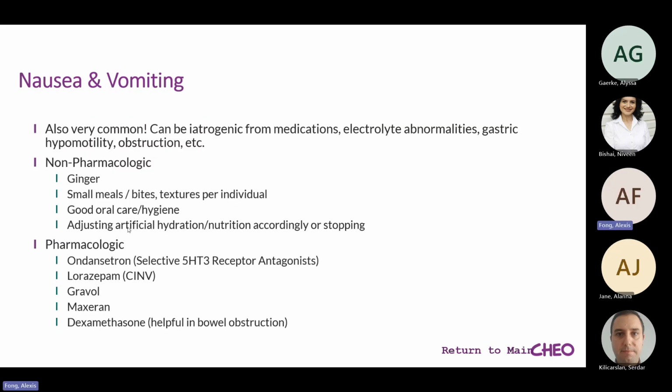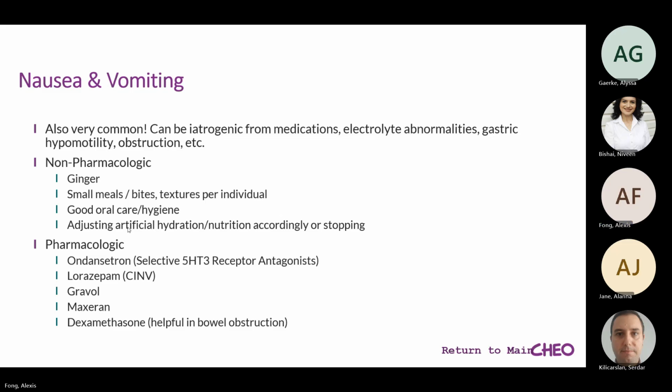In terms of other GI changes, there's also nausea and vomiting. Again, also common at end of life, it can be iatrogenic from medications, electrolyte abnormalities, gastric hypomotility, obstruction, etc. Our non-pharmacologic interventions include ginger, taking small bites, different individuals like different textures, and a lot of education with families and patients.